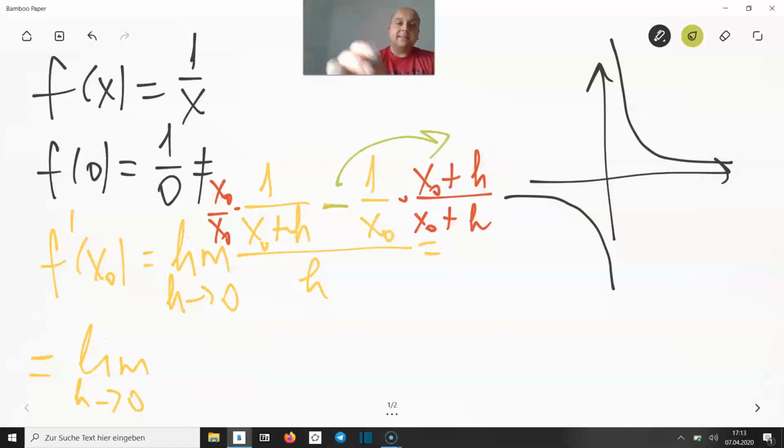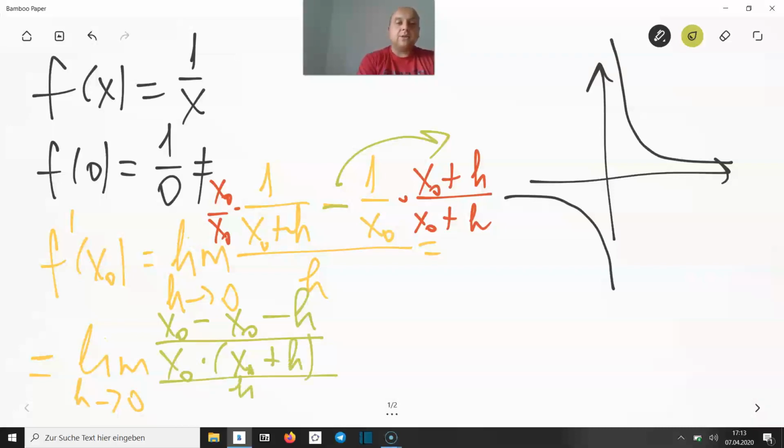So very nice. We have now x0 minus x0 and minus h. I'm changing in both cases the numerator. I have x0 times x0 plus h, and I divide it by h, which I can write as h divided by 1. We have the limit as h goes towards 0.